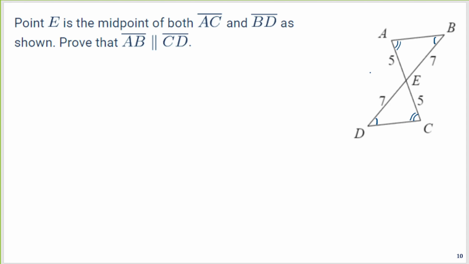So is this true? Of course, because we know this side equals this side equals this side, and these two angles are vertical angles. Vertical angles are congruent with each other, right?